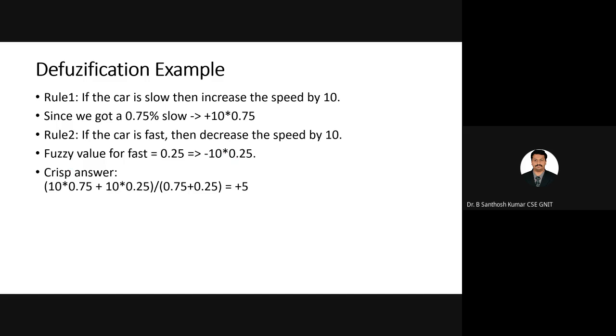Finally, the crisp answer is (10 into 0.75 plus minus 10 into 0.25) divided by (0.75 plus 0.25). So finally I get the answer plus 5. These are all important terms we use in artificial intelligence.